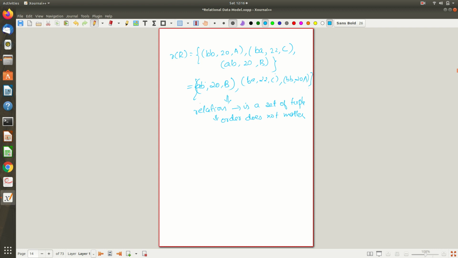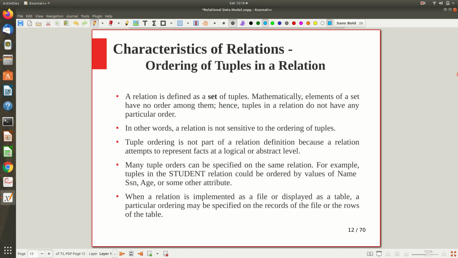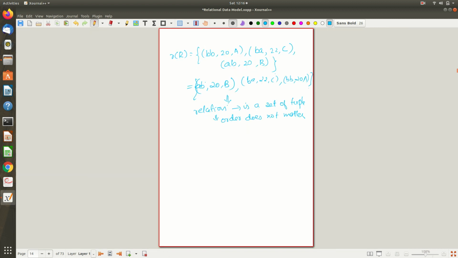But look at a tuple. In a relation, order doesn't matter. So basically a relation is an unordered collection of tuples. Let me say it more formally: a relation is an unordered collection of tuples.